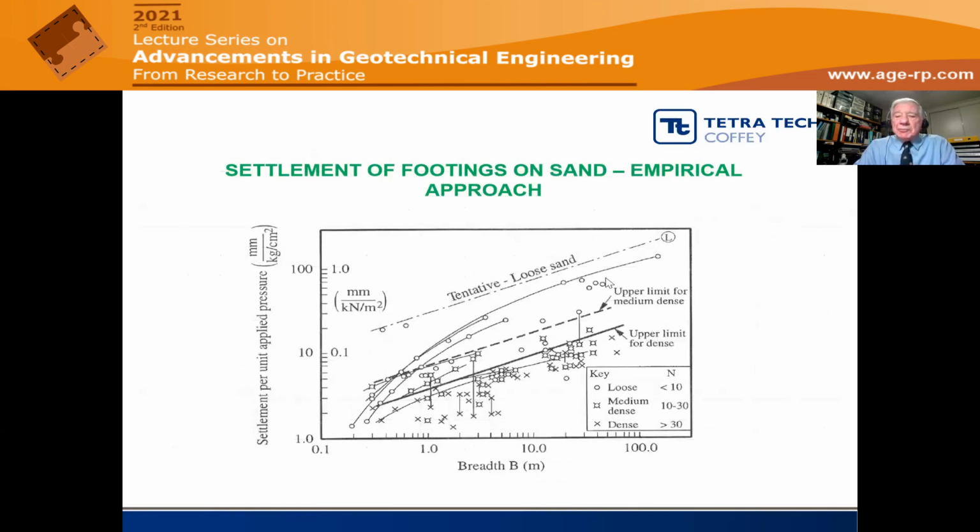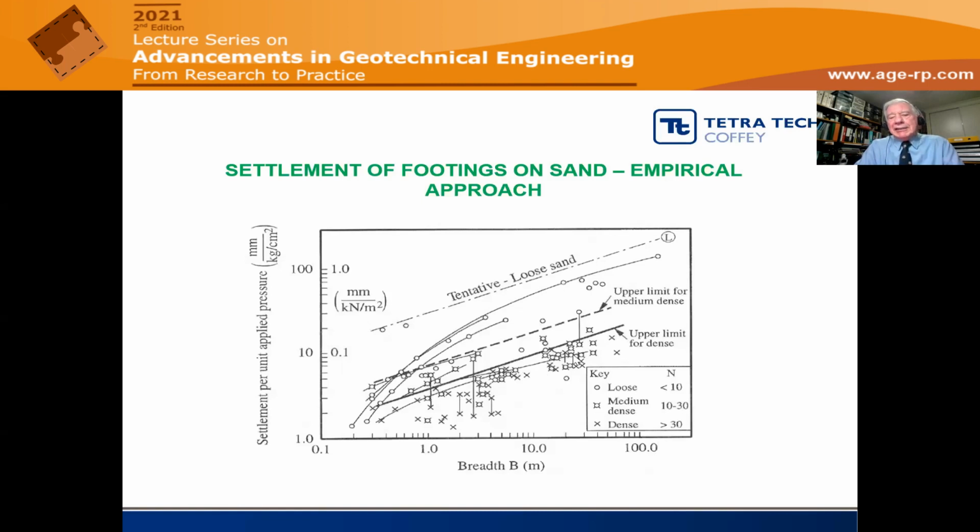This is one of those methods, Berland and Burbridge, which are based on empirical methods which relate the settlement per unit applied pressure. So it's almost like a modulus-associated reaction plotted against footing breadth as a function of the relative density of the sand.